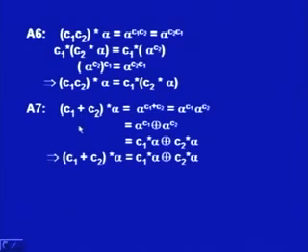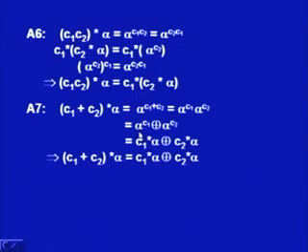Finally, A7 is C1 plus C2 star alpha, which is equal to alpha raised to the power C1 plus C2. This is a scalar, so it is C1 plus C2, and this can be written as alpha C1 multiplied by alpha C2. This is the property of real numbers.